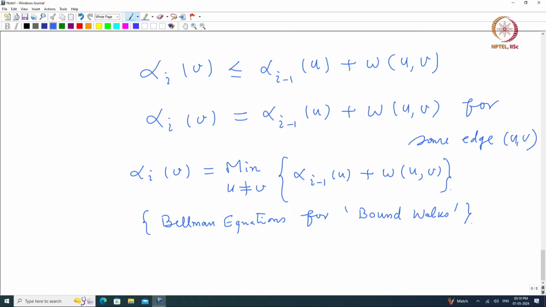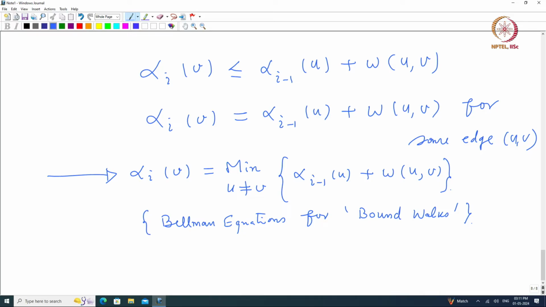That is why these are called bounded walks. In general, a walk can be unbounded, with any number of edges, but we are focusing on the walks with a bound on the number of edges, and alpha I V is less than or equal to alpha I minus 1 U plus weight of UV.